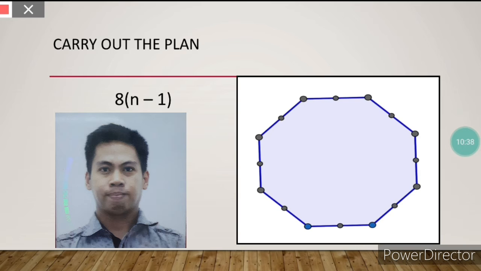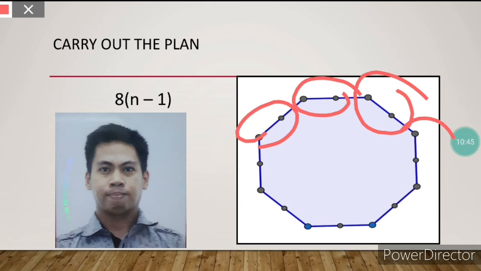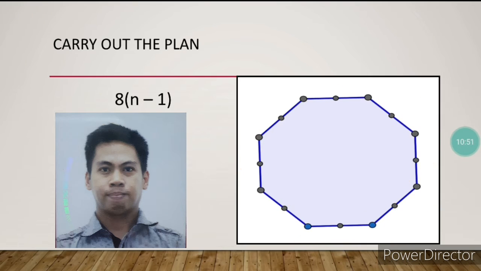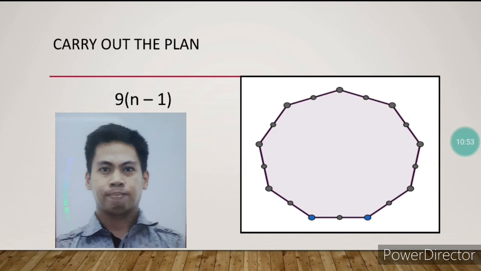If the polygon is a regular octagon, we can use the formula 8n minus 1. And if the polygon is a regular nonagon, we can use the formula 9n minus 1.